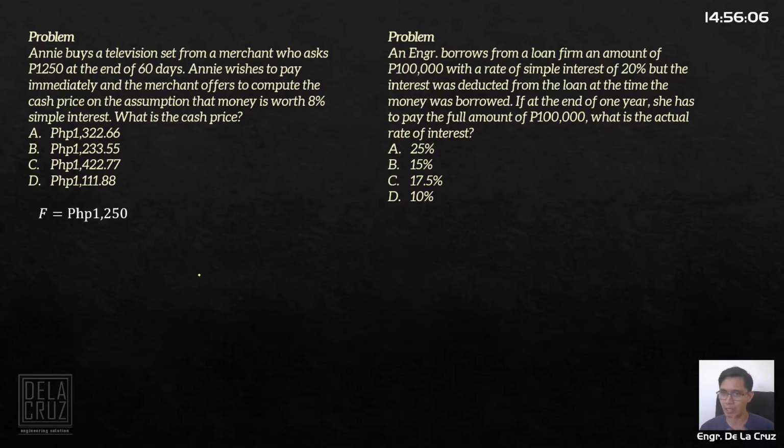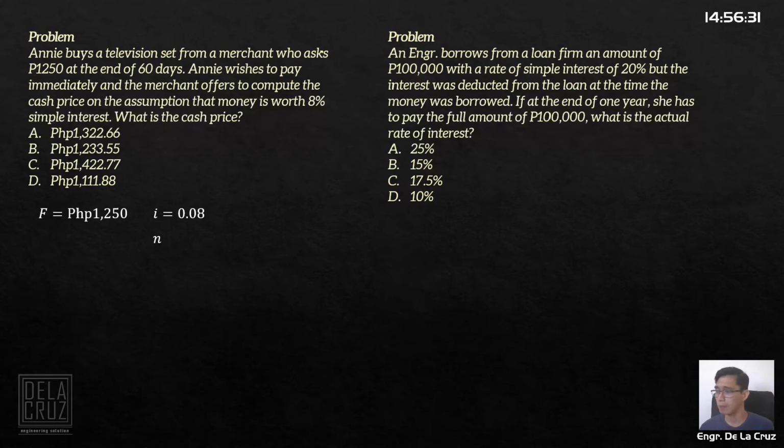Kasi I know yung ibang student dito hindi nila ma-determine ng tama yung mga given values dyan. You need to understand the problem, no? The situation. So that is the future amount. Yung given interest is 8%. In decimal, that's 0.08. Okay. Again, yung N is number of years.